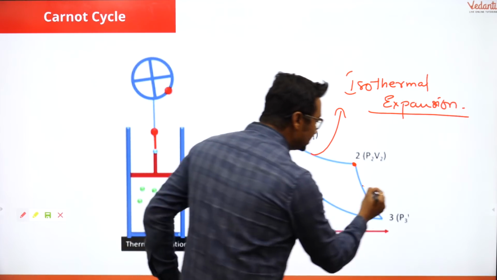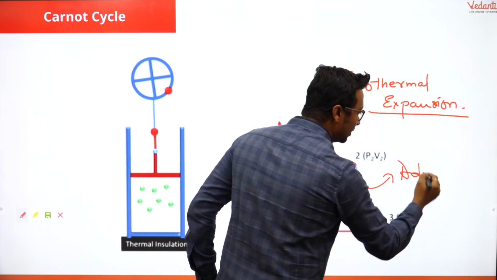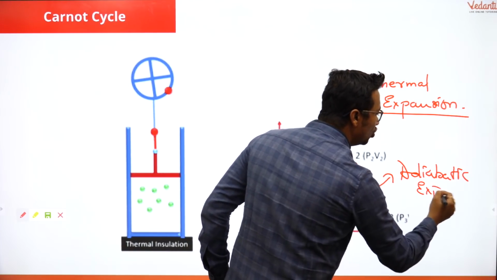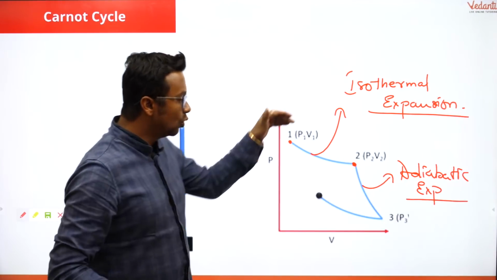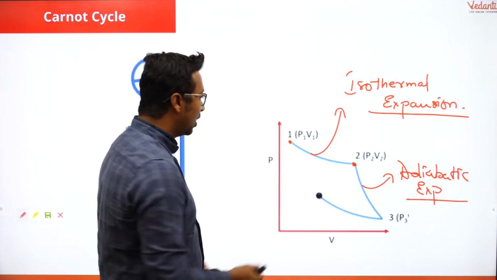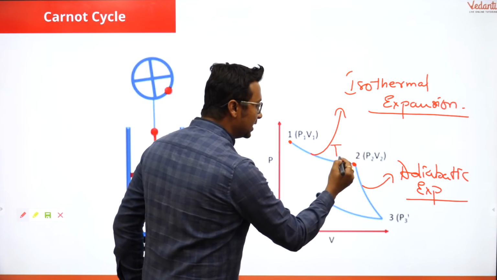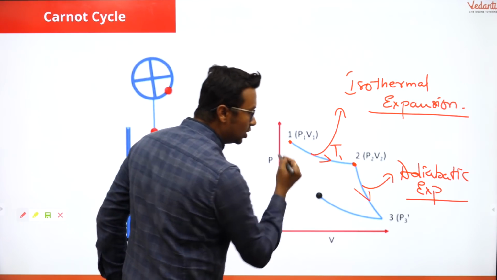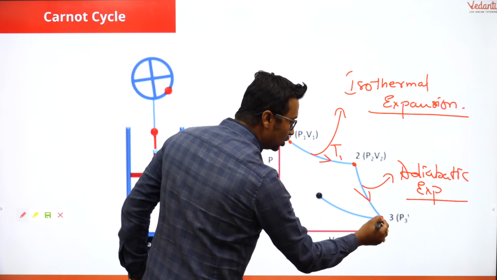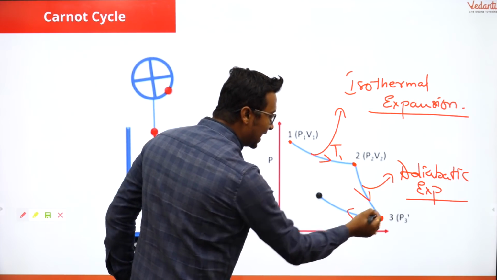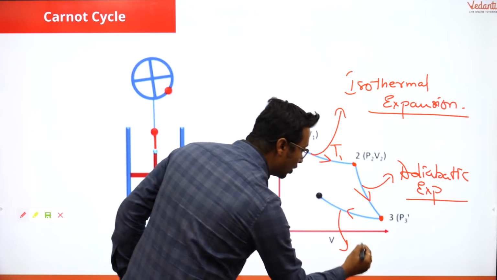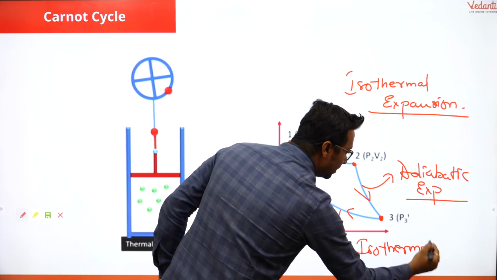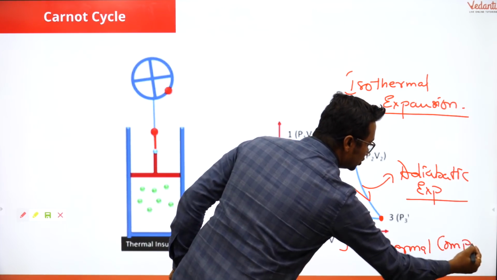Second thing is your adiabatic expansion. So no heat is accepted, it just goes on expanding. Now let's say the temperature here is T1, so it goes from here to here, after that from here to here, adiabatic expansion to this particular point, and after that this is nothing but your isothermal compression, my dear students.